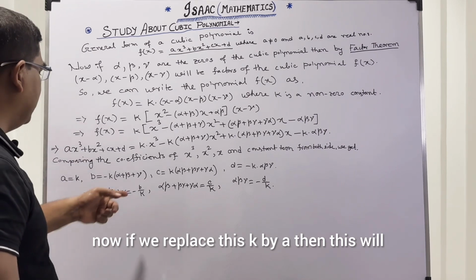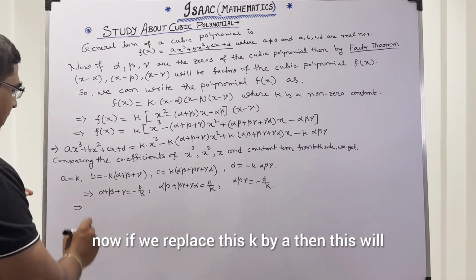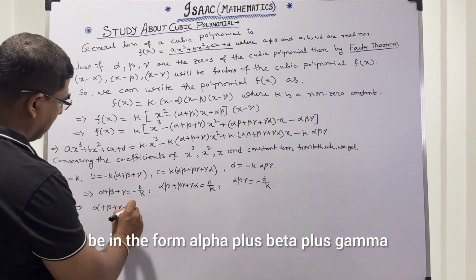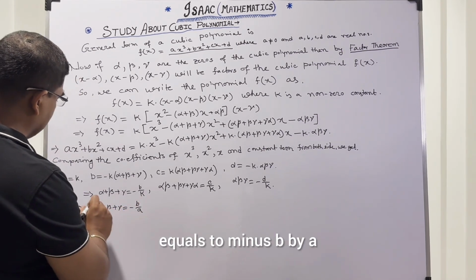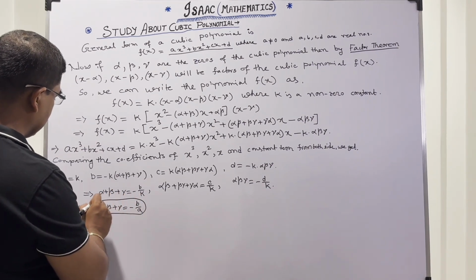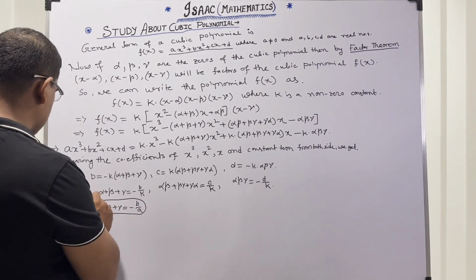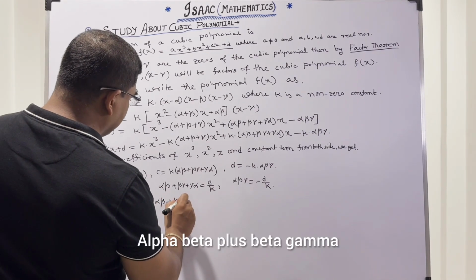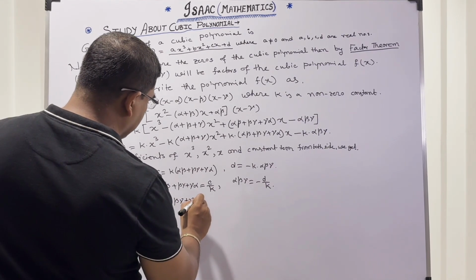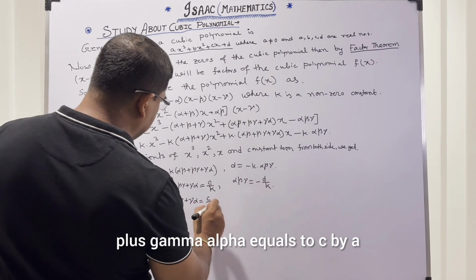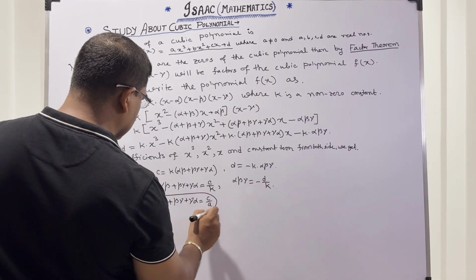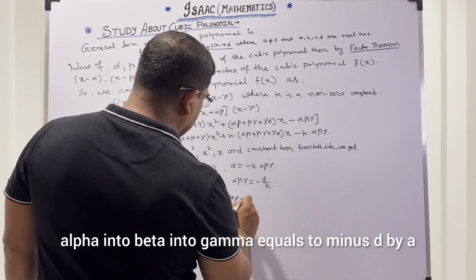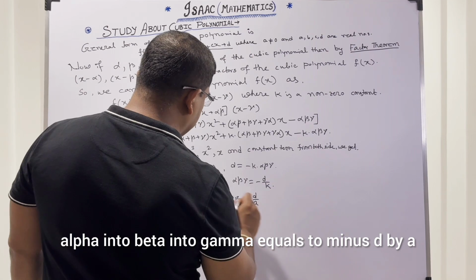Now, if we replace this k by a, then this will be in the form alpha plus beta plus gamma equals to minus b by a, alpha beta plus beta gamma plus gamma alpha equals to c by a, and alpha into beta into gamma equals to minus d by a.